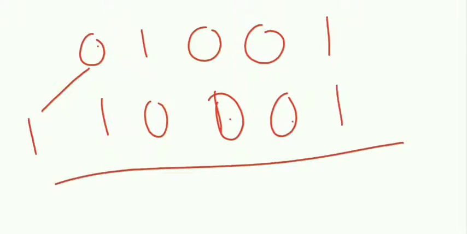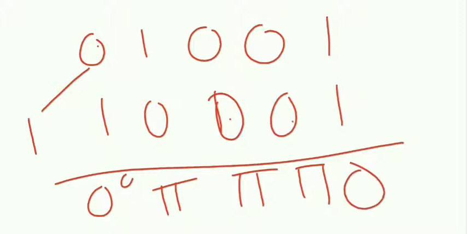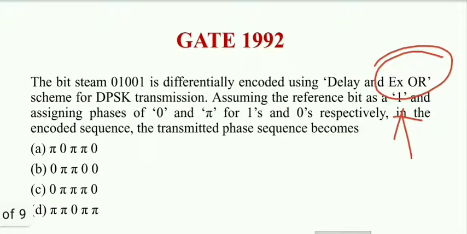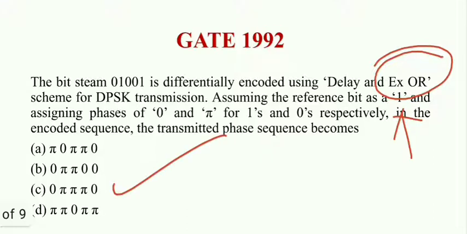So how do we have to encode? 1 should be replaced by 0 degrees. 0 should be replaced by pi. So pi, pi, pi and 0. So we check which option matches this: 0, triple pi, 0. So option C is the right answer.